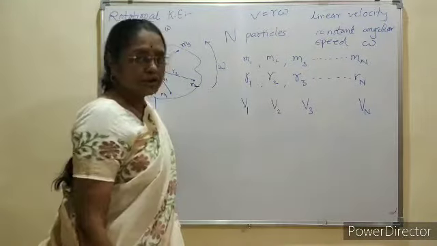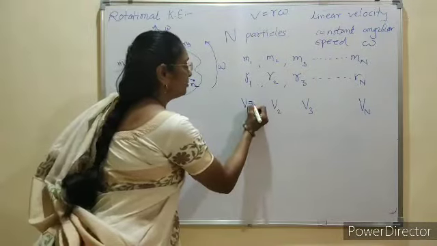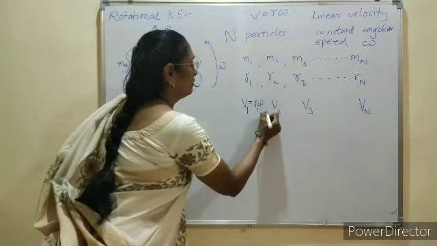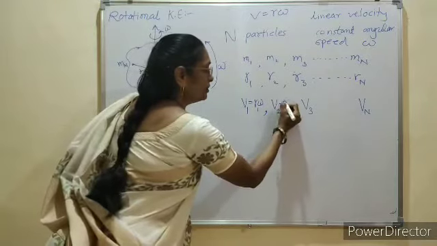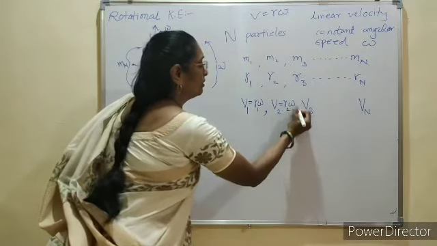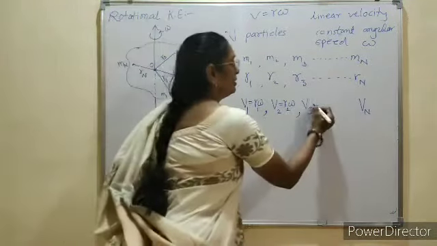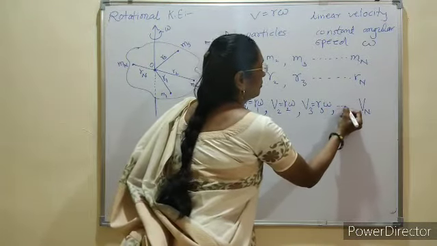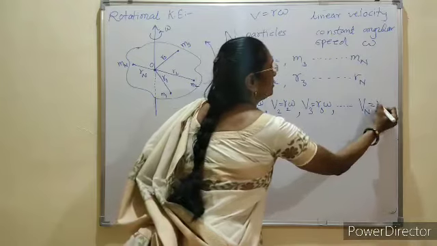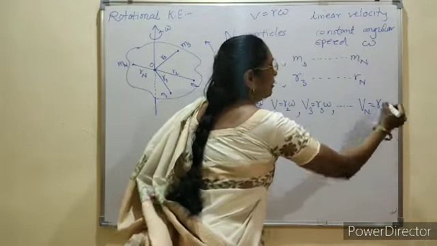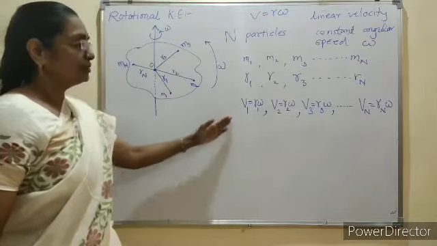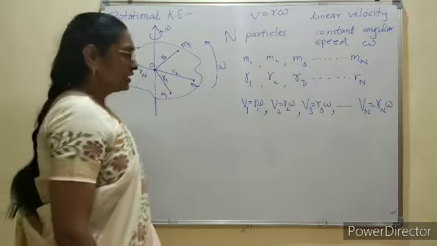We can write that for each particle. v1 is equal to r1 omega. For v2 it is r2 omega. For v3 it is r3 omega. For the last particle it is rn omega. So this is the linear speed.